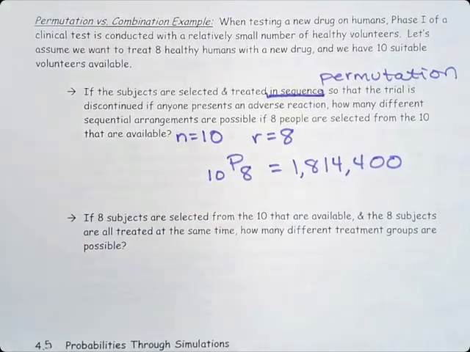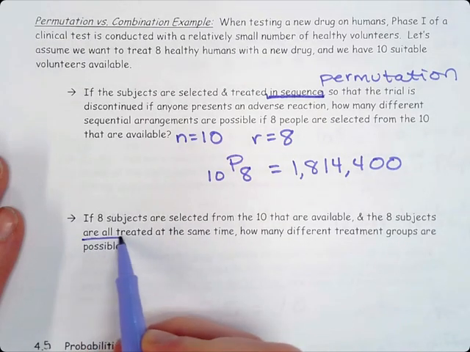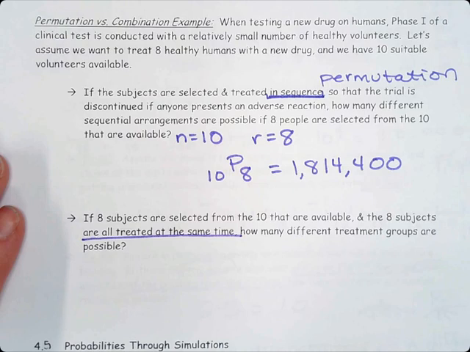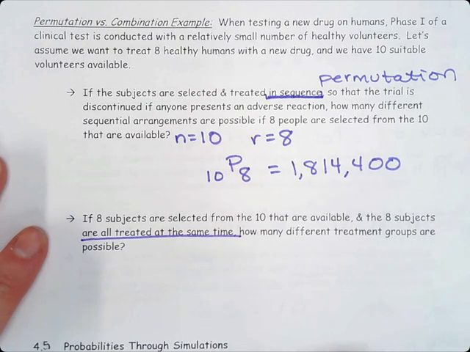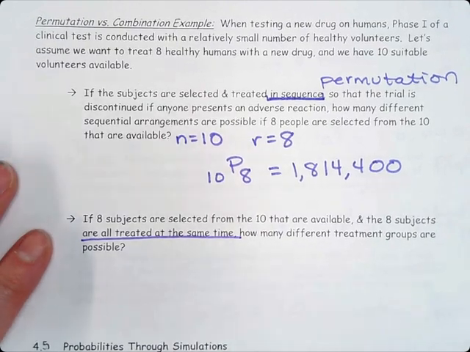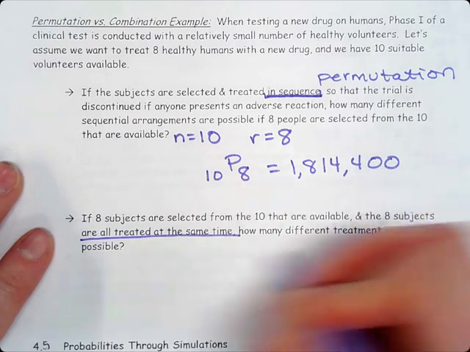Okay, the next one. If 8 subjects are selected from the 10 that are available and the 8 subjects are all treated at the same time, how many different groups are possible? So they're all treated at the same time. There's no order. There's no ranking. They're just treated as a group. This would be a combination.